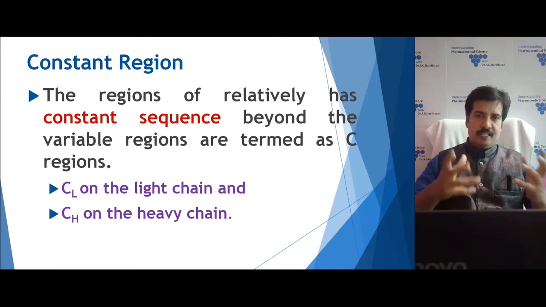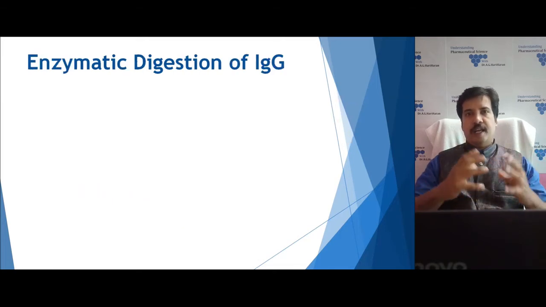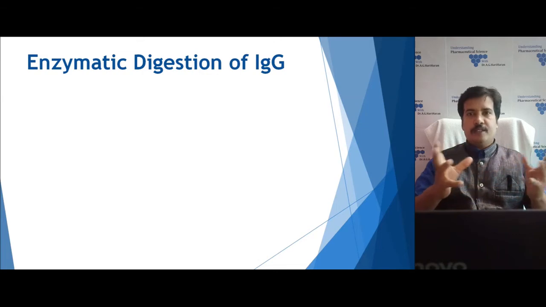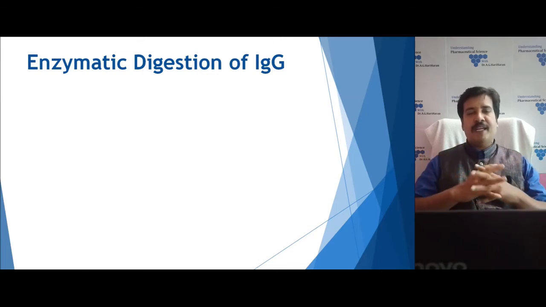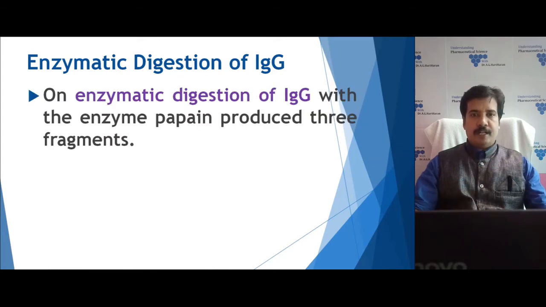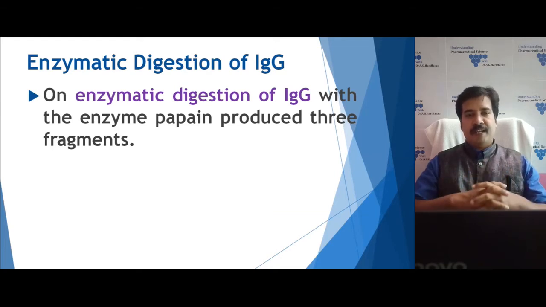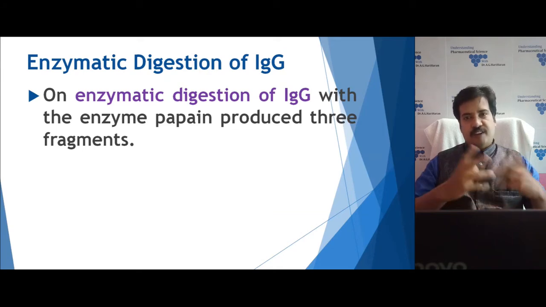To study this constant region and the antigen binding region, they were identified by means of enzymatic hydrolysis. On enzymatic digestion of immunoglobulin G with the enzyme papain, three types of fragments are produced.